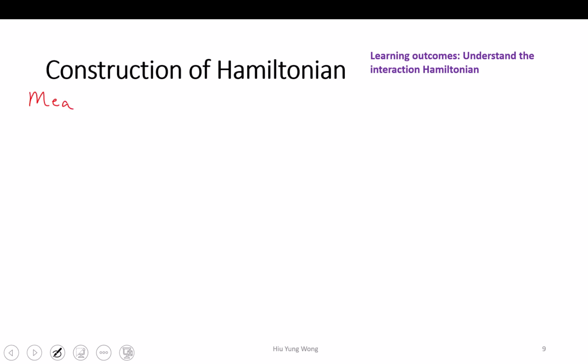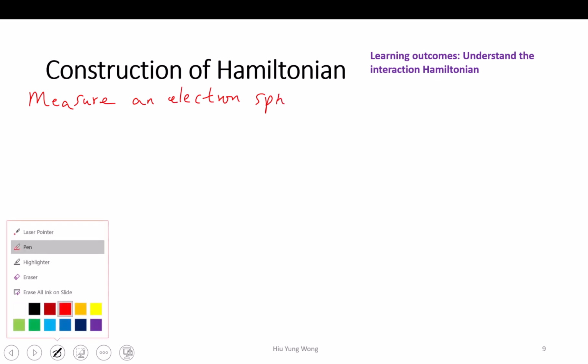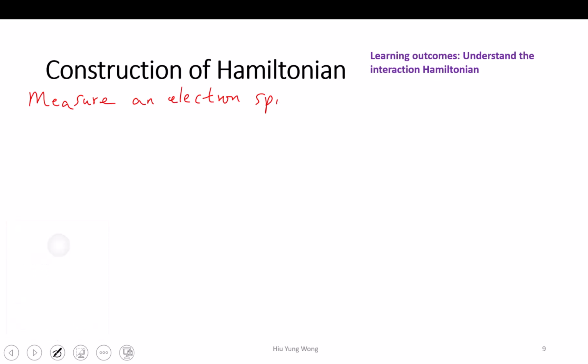When you do a measurement, you measure an electron spin in a magnetic field, right? You try to measure it. How do you measure? You actually need to do some energy measurement. See if you can excite a state, whether you can absorb the photon or whether you will release the photon, then you know whether it's spin up or spin down, right?